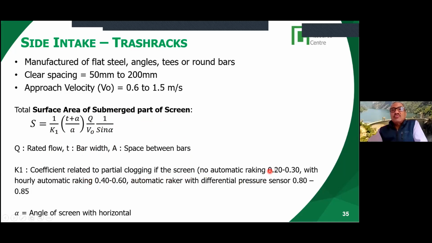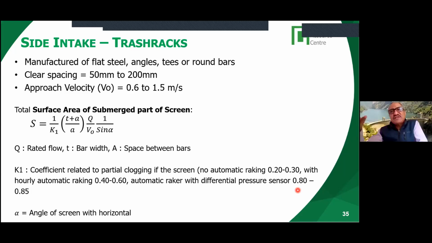If there is no automatic raking and you have to do it manually, then we assume 0.2 to 0.3. But if there is hourly automatic raking, then it's 0.4 to 0.6.